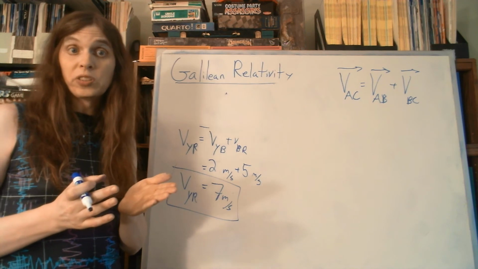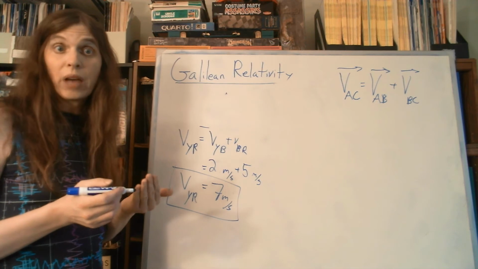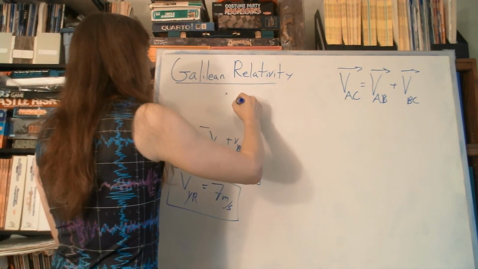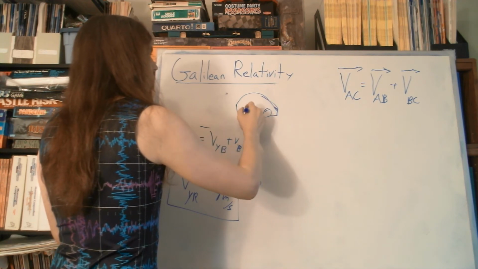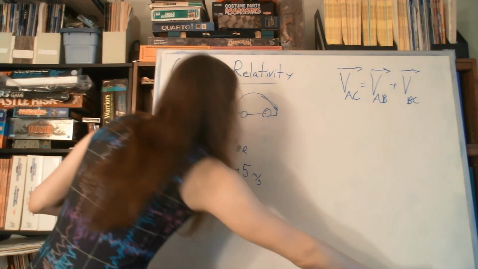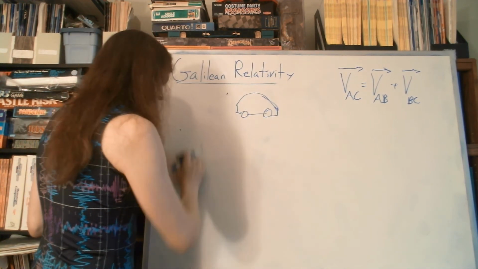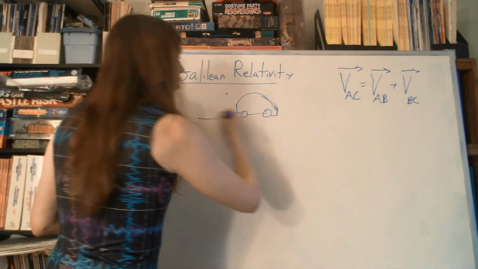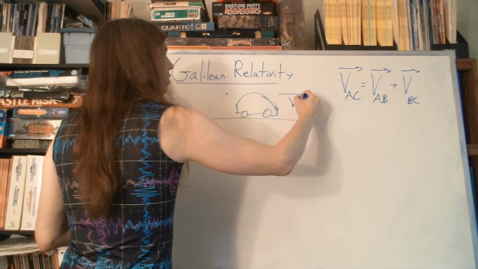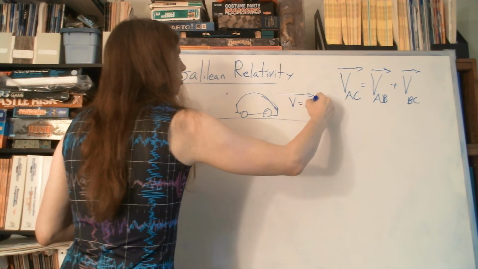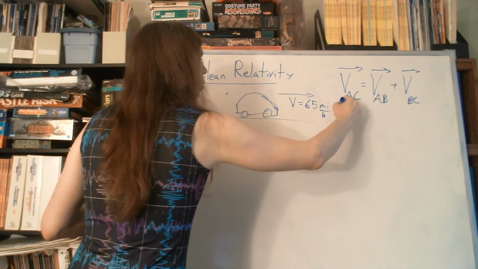There are some other things we can see here. Let's imagine that you're driving the bus or you're driving a car, and let's say that you are traveling with a velocity of 65 miles per hour due north.